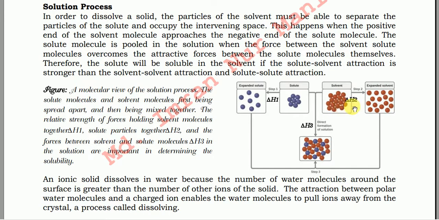For example, this is the solvent molecule of water, and you can see that there are some intermediate gaps in the solvent, and the solid molecule has no intermediate gaps. It has a definite pattern.